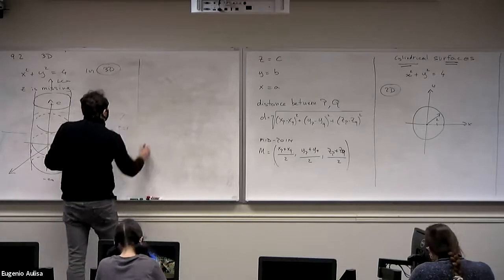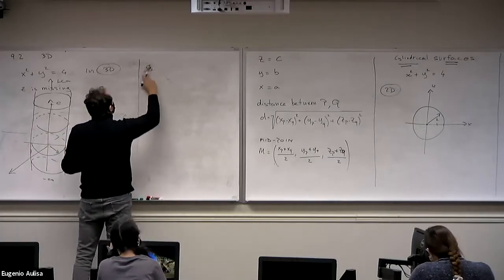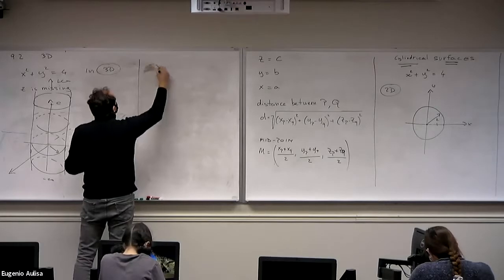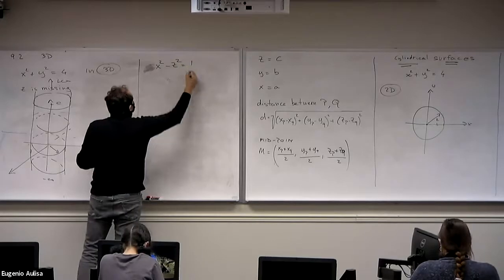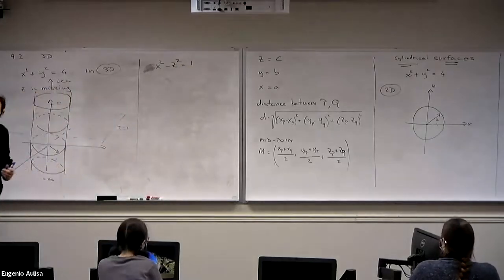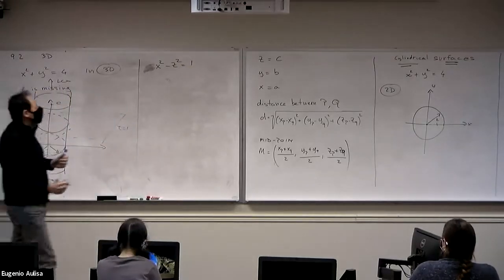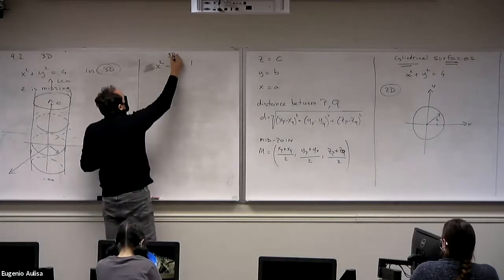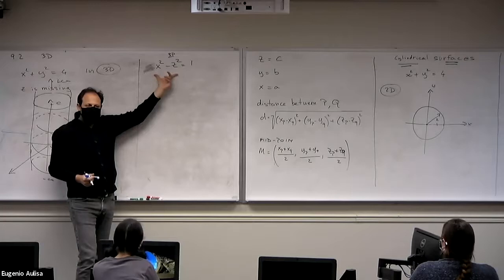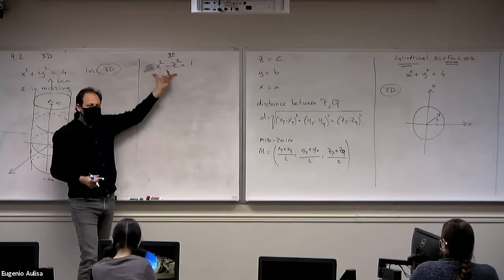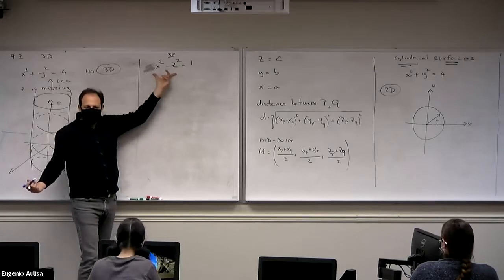This is what? In 3D, is a cylindrical surface, right? Why? Because in this equation, y is missing.